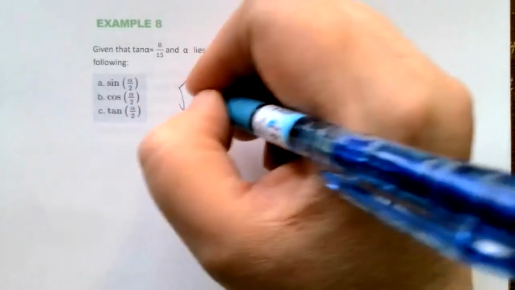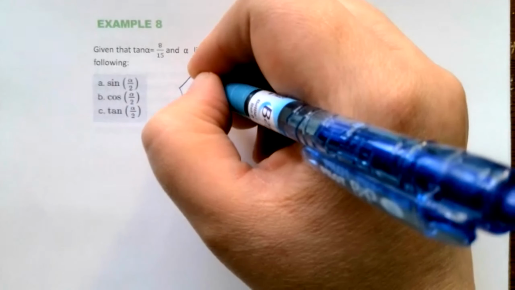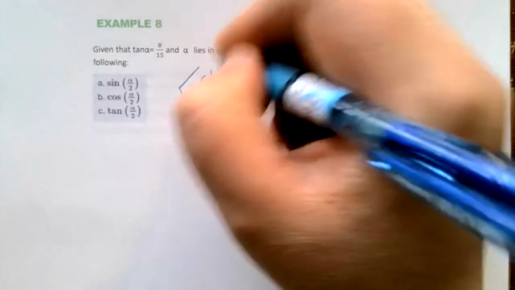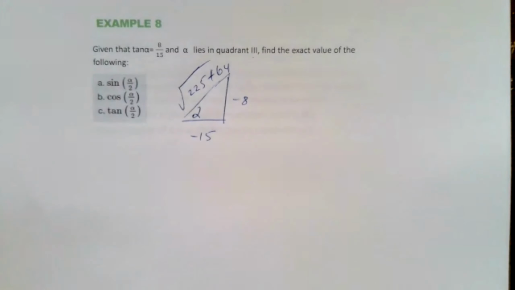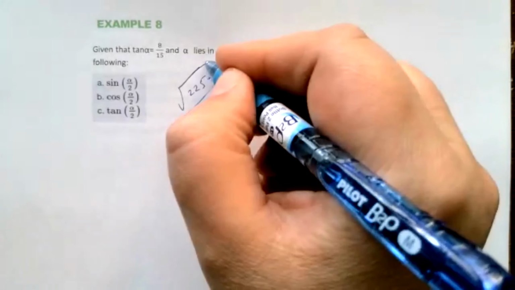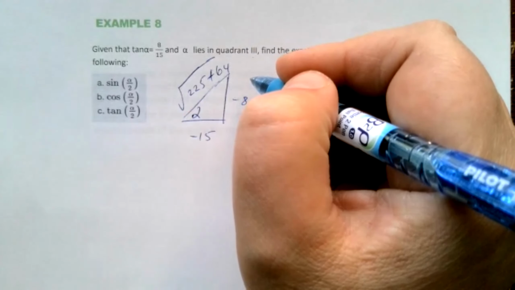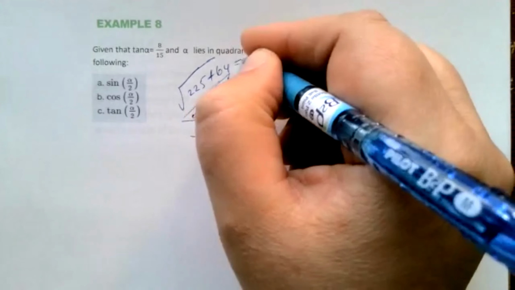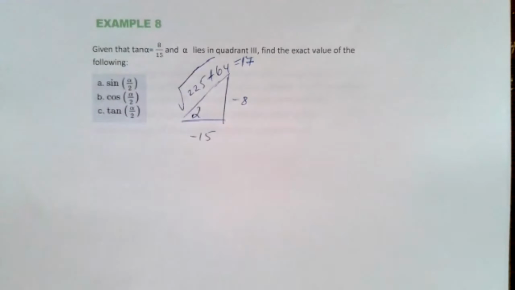That gives us the hypotenuse: 15 squared is 225, and 8 squared is 64, and that's going to be the square root of 289, which is 17. So the hypotenuse is 17.